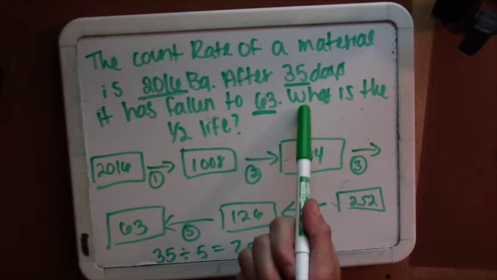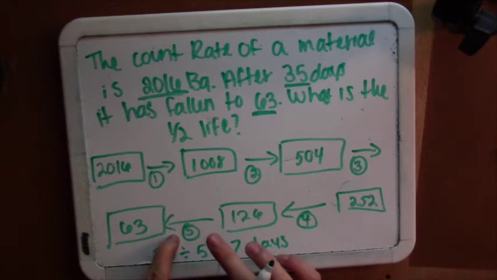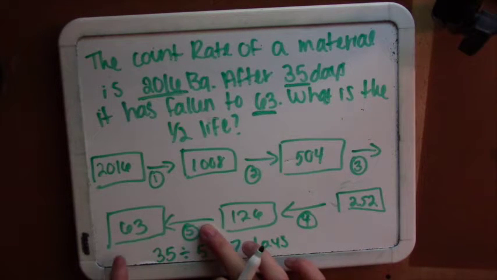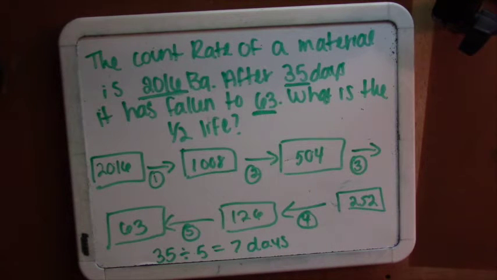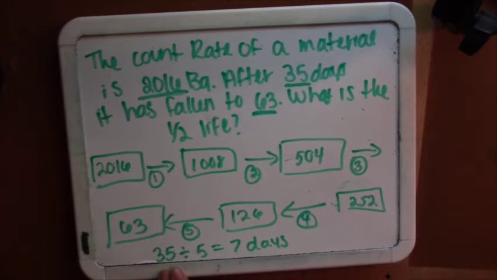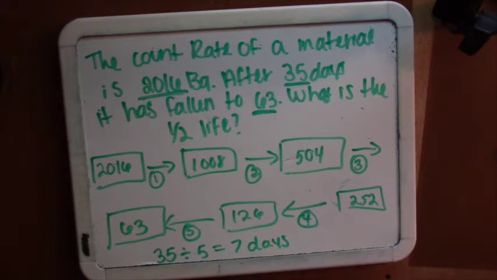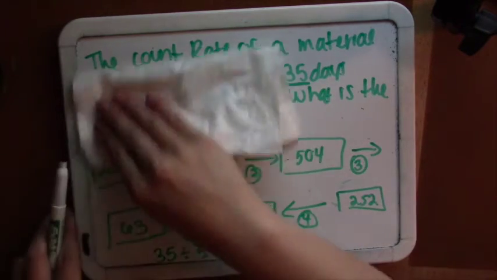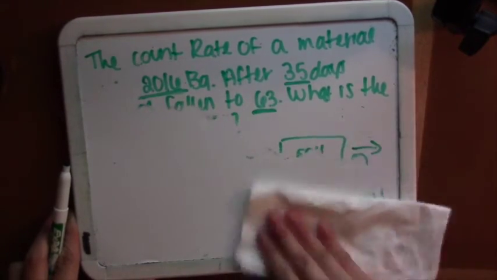Because 35 is the total number of days and 5 is the number of half-lives we have to go through to get 63. So to find how long a half-life will last, we take the 35 and divide it by 5 to get 7 days, which is how long this certain material takes to undergo a half-life.